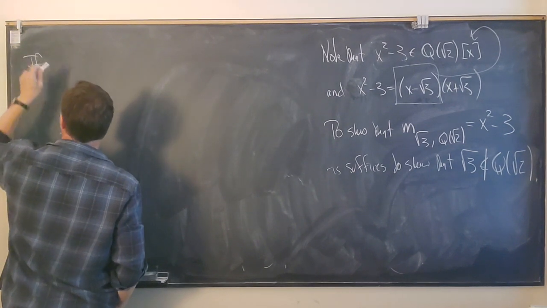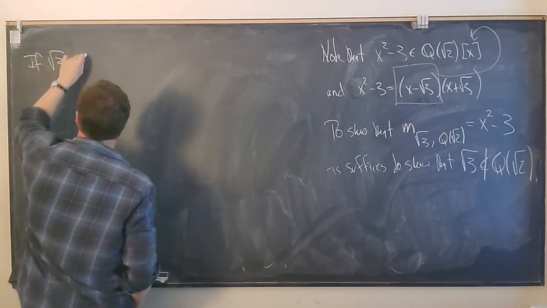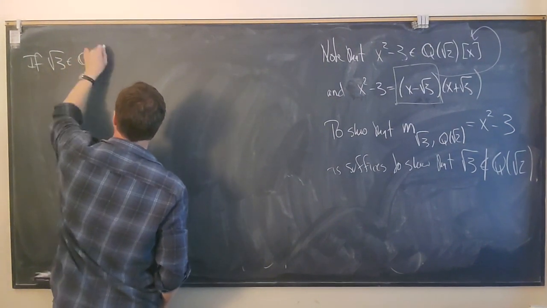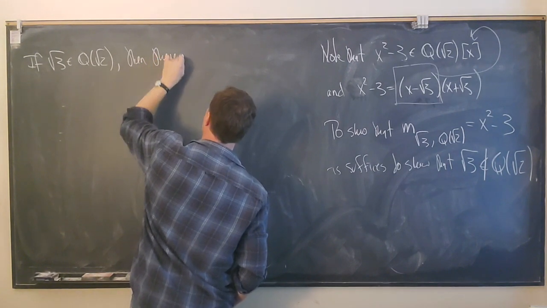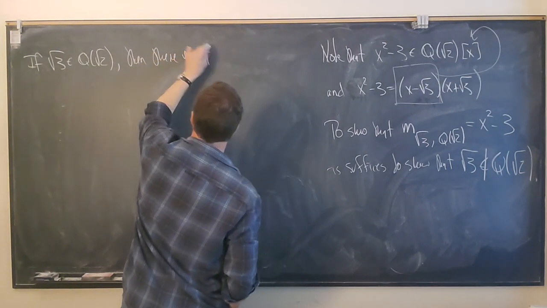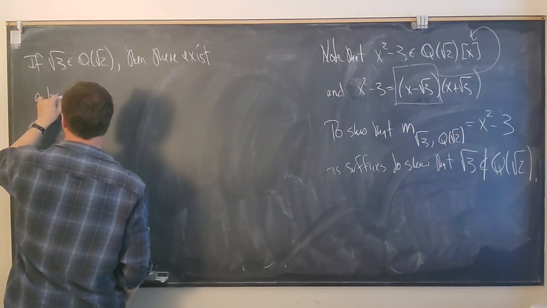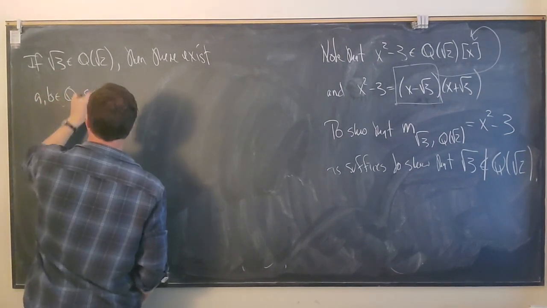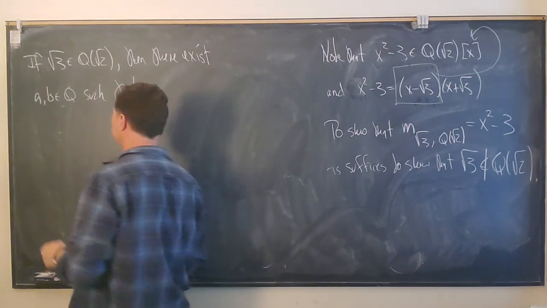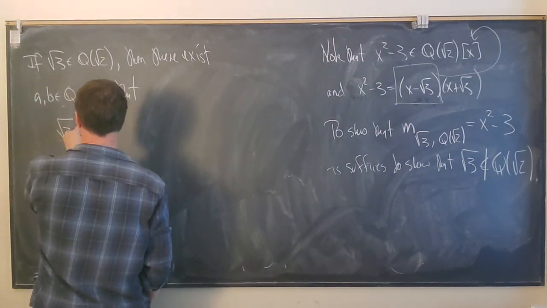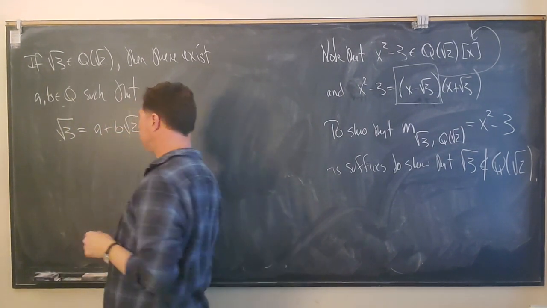If we're going to go by contradiction here, so if square root of 3 is in Q adjoin root 2, then there exist, say, a and b, a couple of rational numbers, such that square root of 3 is equal to a plus b root 2.